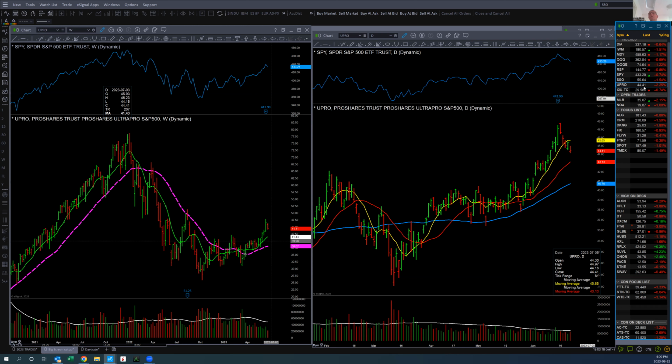So you have to be extremely diligent on your stop losses. But the flip side is, if the S&P does go up 4% in the next month, this particular instrument is going to go up 12%. So it's really a way of supercharging your index returns.